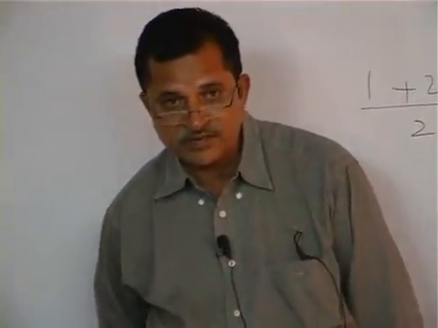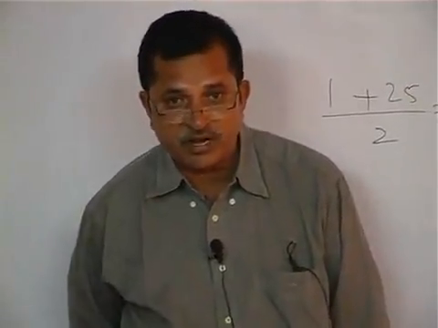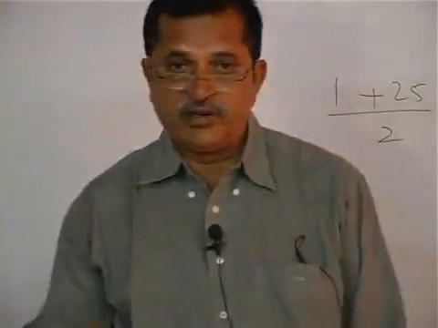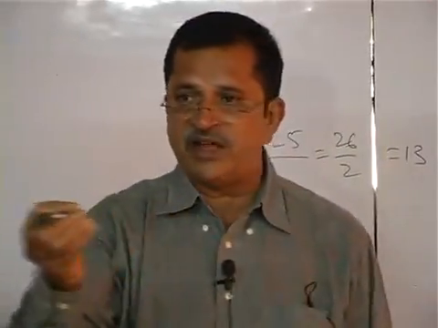Suppose if I ask, what is the average of the first 25 odd numbers? Suppose we don't know any rule. If you want to find out the answer for these type of questions, you just write a small example.